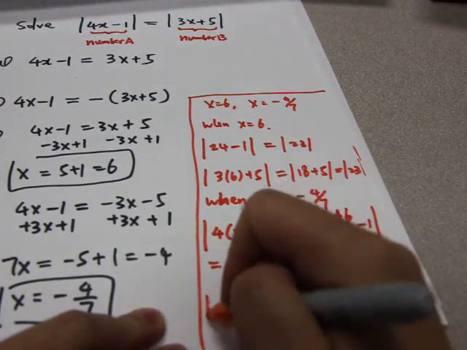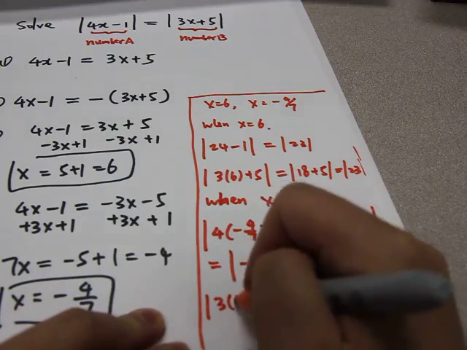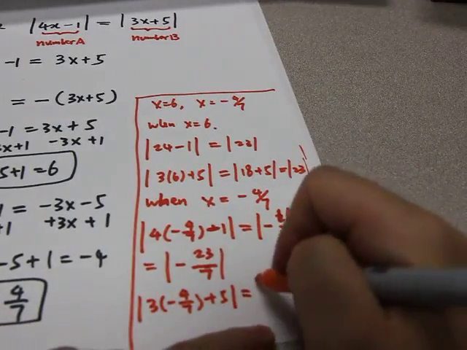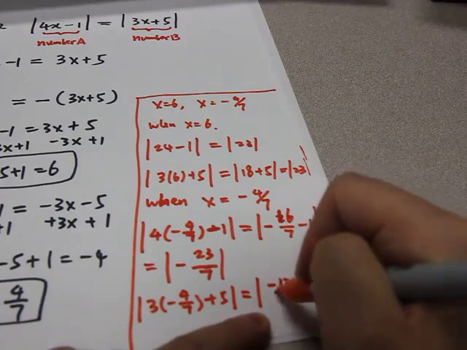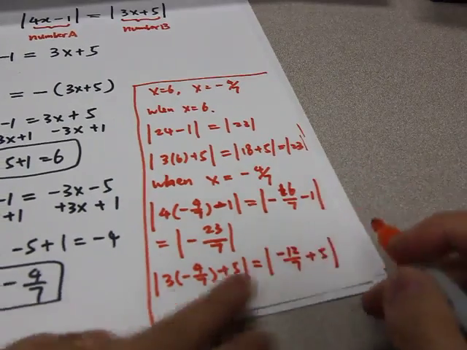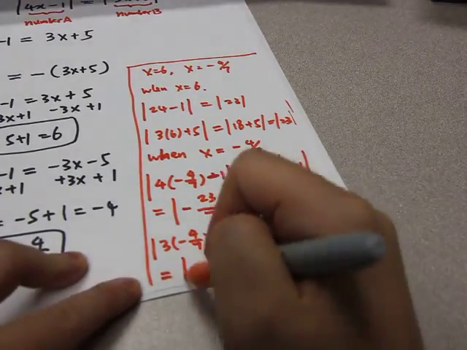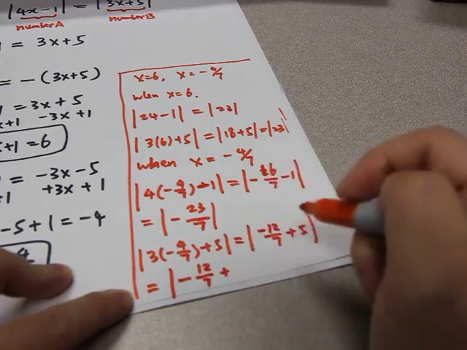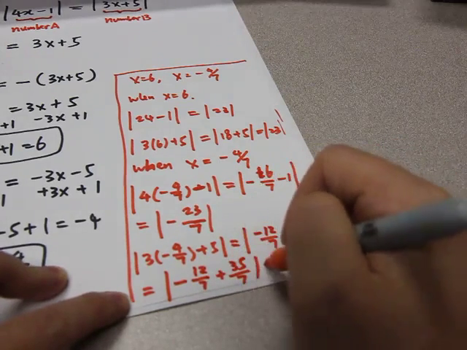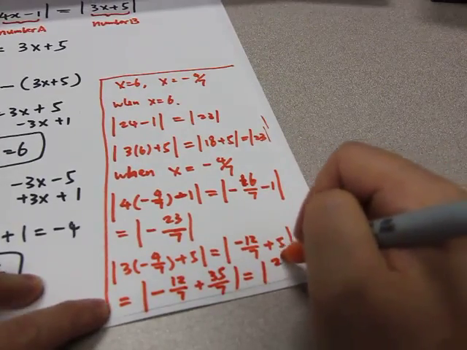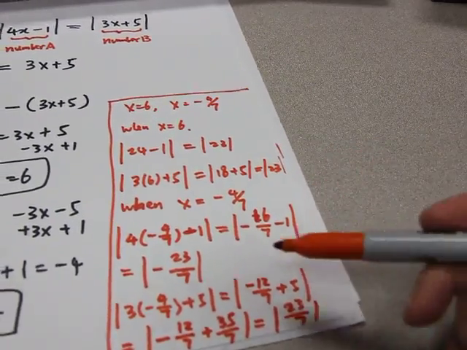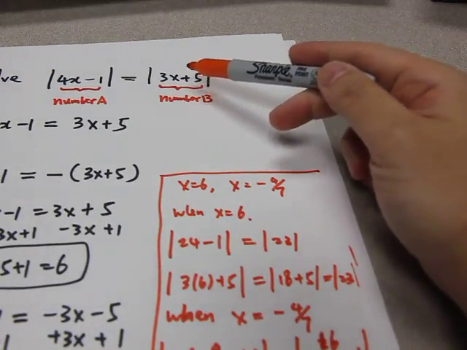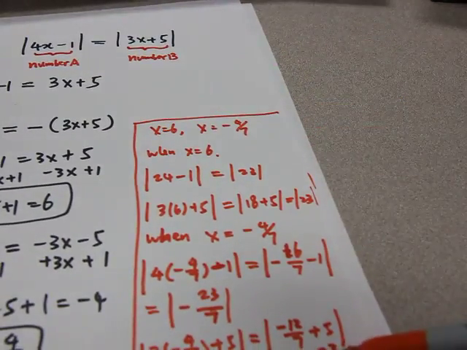And the right-hand side is 3 times negative 4 over 7 plus 5. So this is negative 12 over 7 plus 5, which is negative 12 over 7 plus 35 over 7, which is positive 23 over 7. So when x equals negative 4 over 7, on the right-hand side, inside the absolute value, we have a positive 23 over 7.